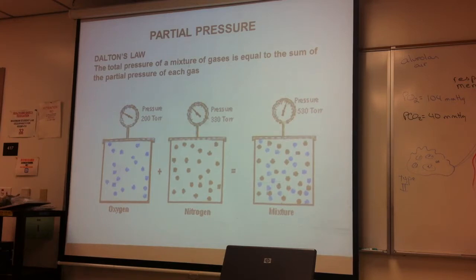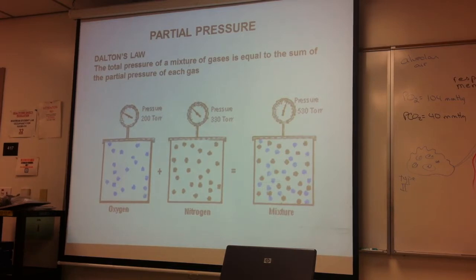The term partial is confusing, but if you think of the subset of a mixture, that's really what we're talking about. Okay? So if you're asking for a partial pressure somewhere, I'd have to give you the total pressure and then the proportion, the percentage of that.